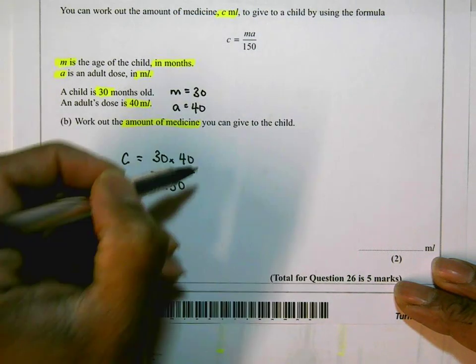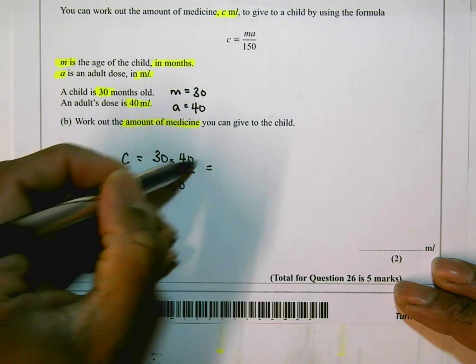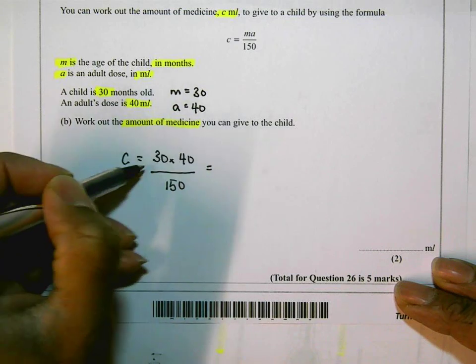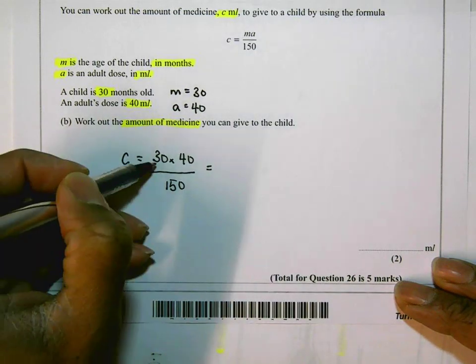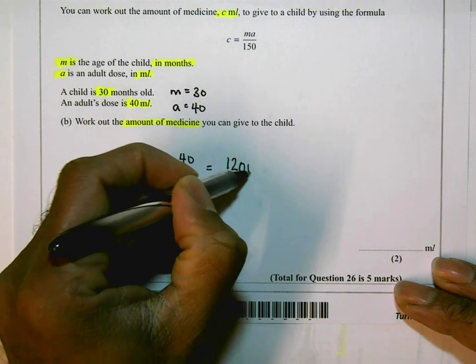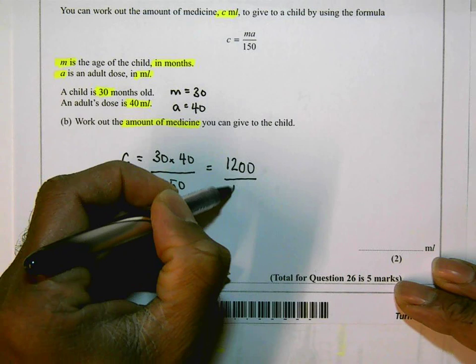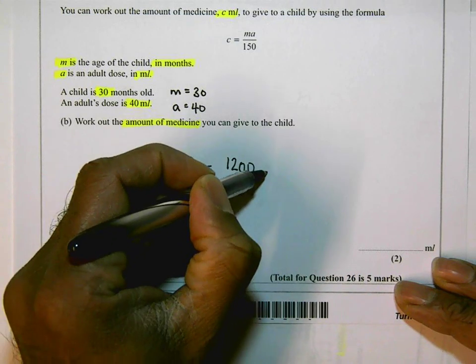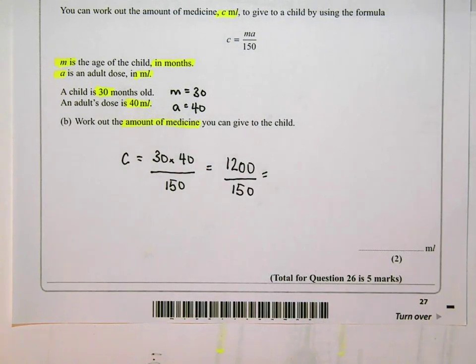If we work this out, 30 times 40, you should be able to do that. 3 times 4 is 12, and 2 zeros. I'm going to divide that by 150. Now, if you've done all of this up to this point, you're going to get at least 1 mark in the question. I think a lot of people find the division aspect of this difficult.